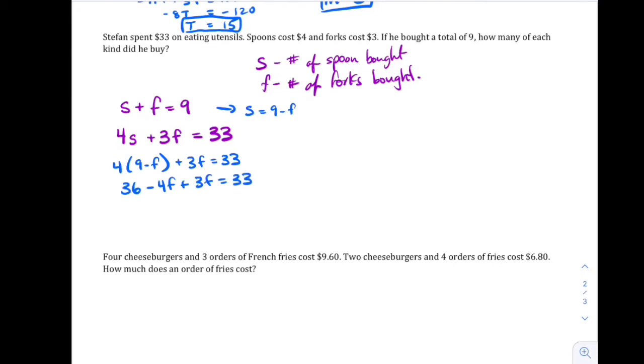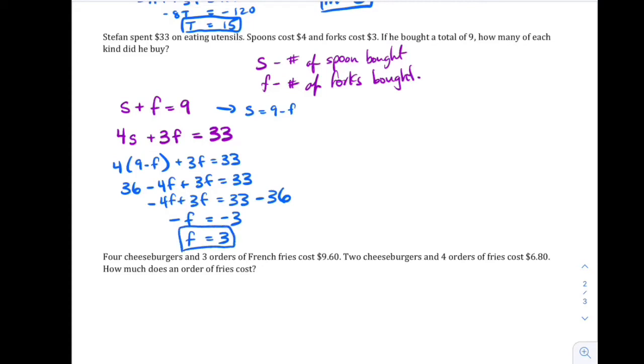Bring over to the other side. I'm going to get negative 4F plus 3F is equal to 33 minus 36. Add my like terms together. Negative F is equal to negative 3. And divide both sides by negative 1. We get F is equal to 3.